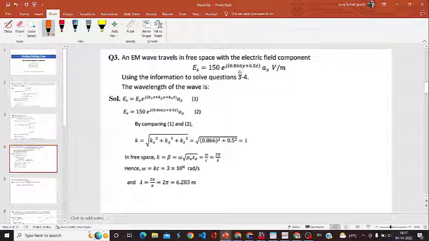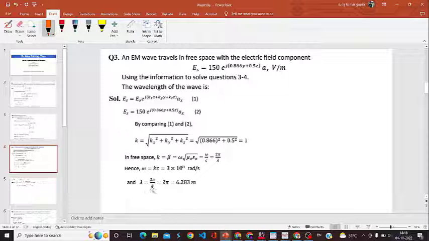As we know, wavelength is defined as lambda equals 2 pi by k. So if we find the value of the propagation constant, we can easily determine the wavelength.